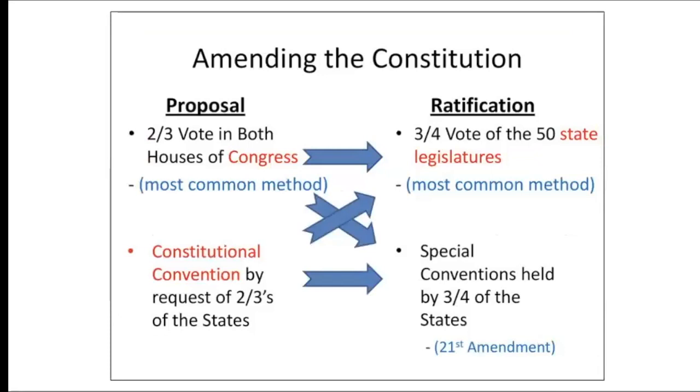Briefly, it requires a 2/3 majority in both houses of Congress, the Senate and the House of Representatives. Then it goes to the states and must be ratified by 3/4 of the state legislatures. This graphic here is clearly recent, as there were not 50 states after the Civil War.